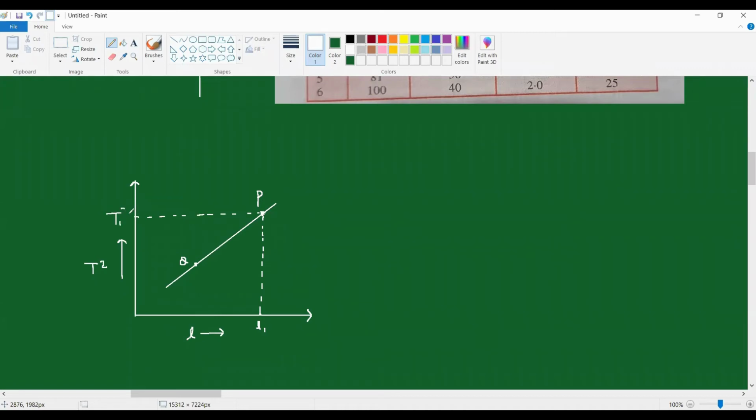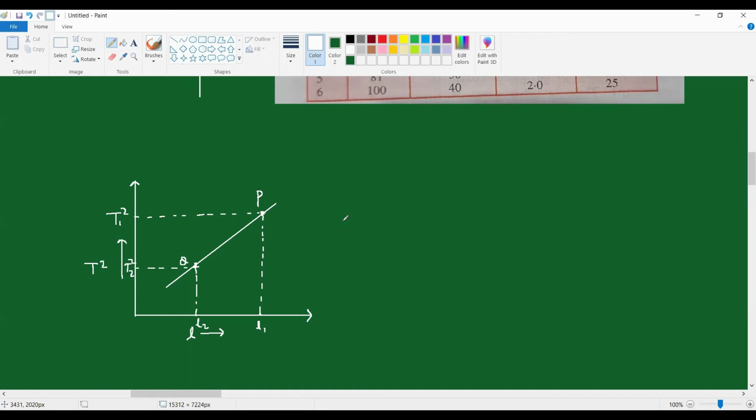And at this position, for length L2, the square of the time is T2 square. In that case, if we find the slope of this line, what is slope? Change in y-axis upon change in x-axis. Clear?